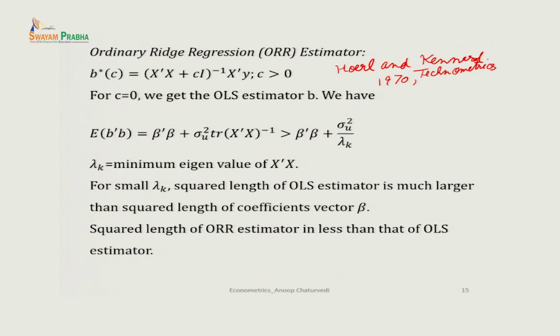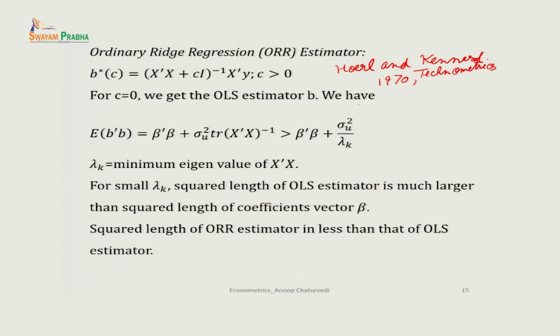So, the estimator is defined as B star C equal to x transpose x plus C I inverse x transpose y, where C is greater than 0. So, in fact, the estimator adds a constant C in the diagonal elements of x transpose x. For C equal to 0, we get the OLS estimator b.